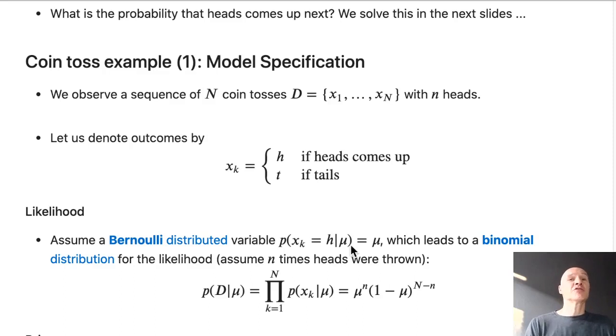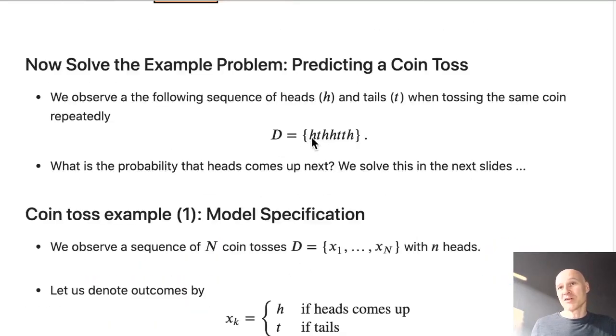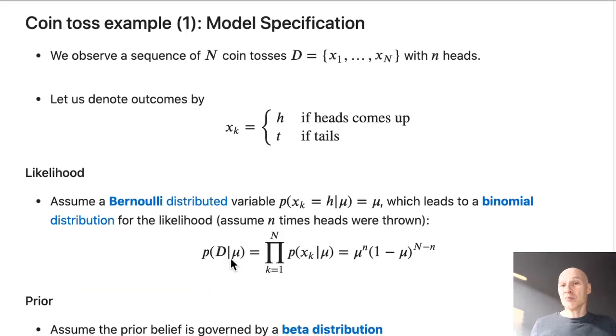This assumption is called a Bernoulli distribution, and the distribution that results from multiplying a lot of these Bernoulli distributions is the binomial distribution. So the probability distribution for the observed data set D, here H, T, H, H, T, T, H, given mu, is the product of the individual probabilities for each coin toss.